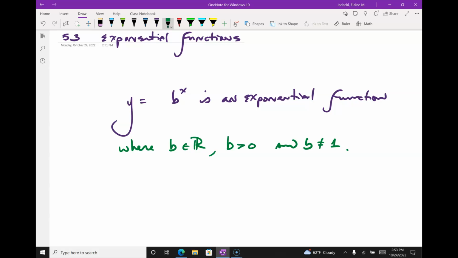B to the x is an exponential function, right? B is the base, right? X is the exponent.